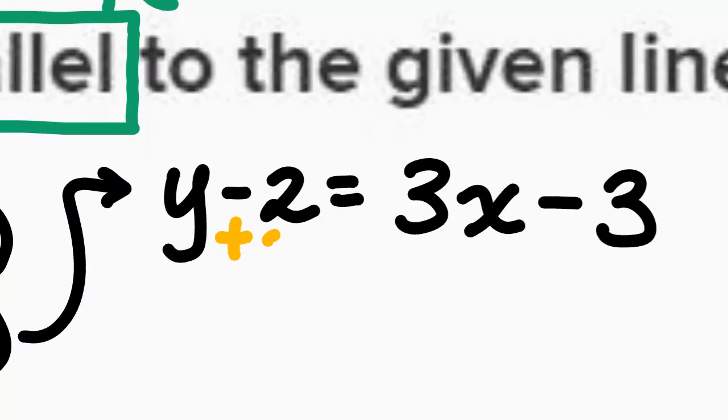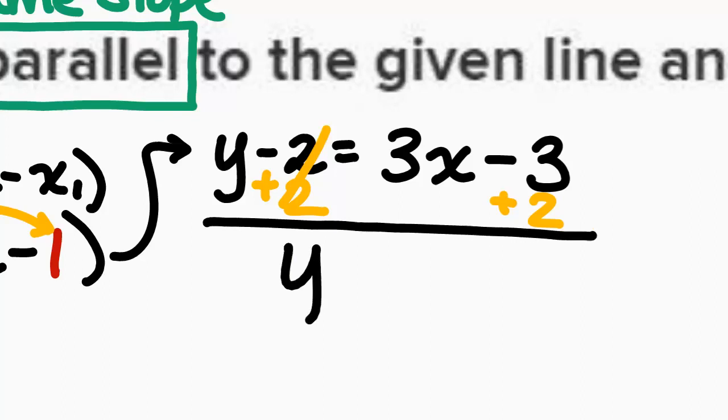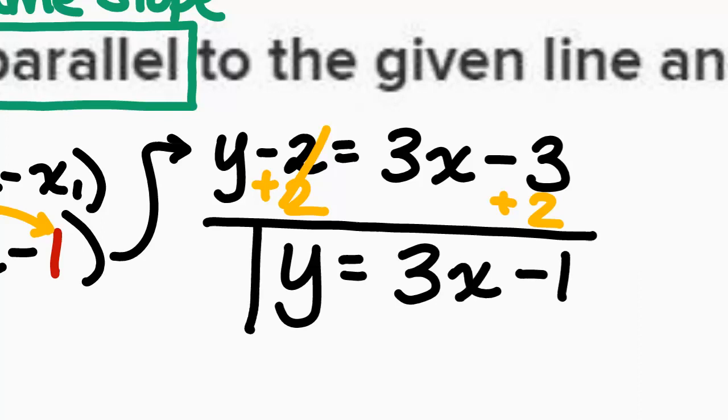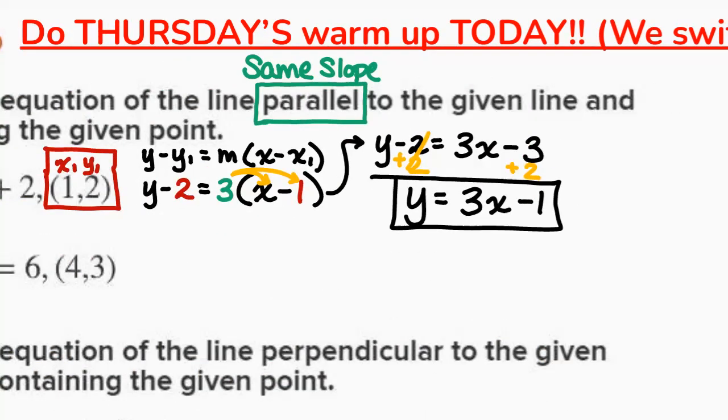Add 2 to both sides. So my final answer here in slope-intercept form would be y equals what? 3x minus 1. All right, so number 1, pretty straightforward. Similar to problems that we did the other day.